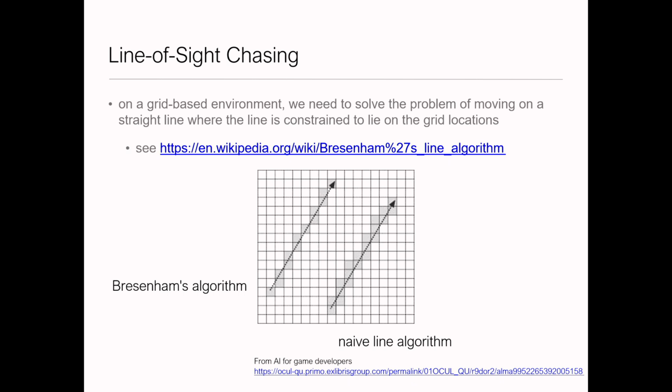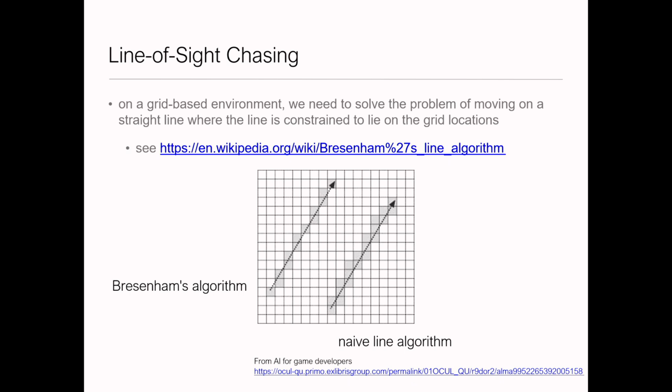Now on a grid-based environment, you can use the same algorithm, but there are additional constraints when you're computing motion on a grid-based environment. If you're going to force your objects to always live on a grid location, when you go to compute these lines of sight, you now have the problem that the line of sight must also lie on grid locations.